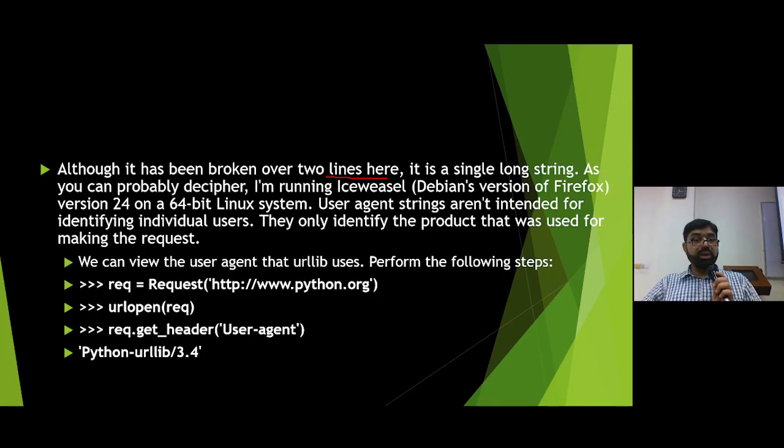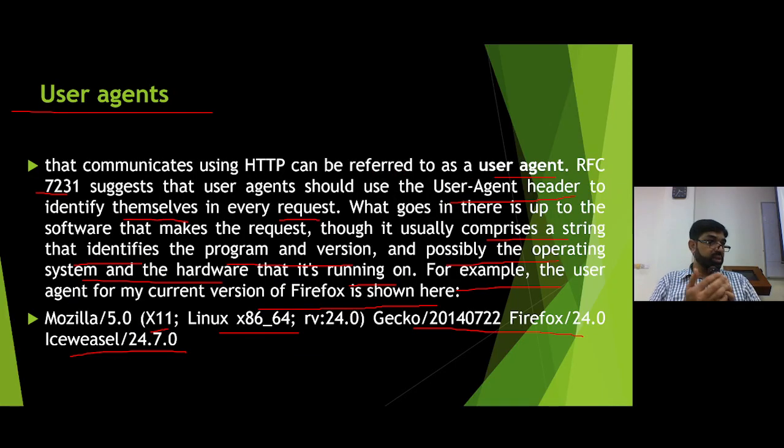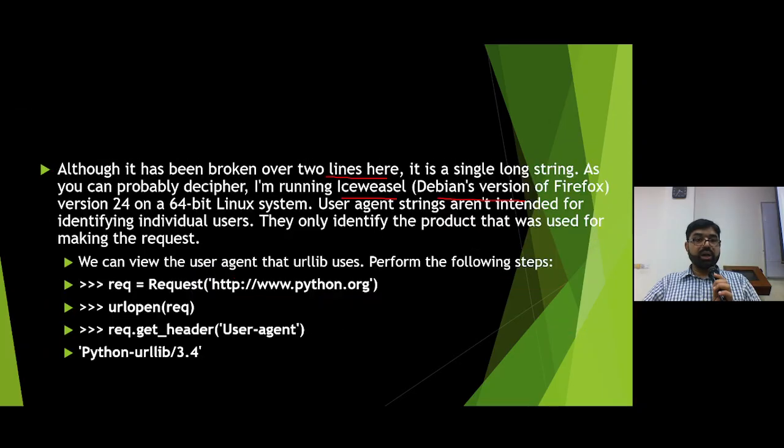As you can probably decipher, I am running an Ice Weasel Debian version of Firefox, version 24. This information is from the book again. If you are trying to learn about your agent, you will get whatever browser you are using, and you can get this information using the following.